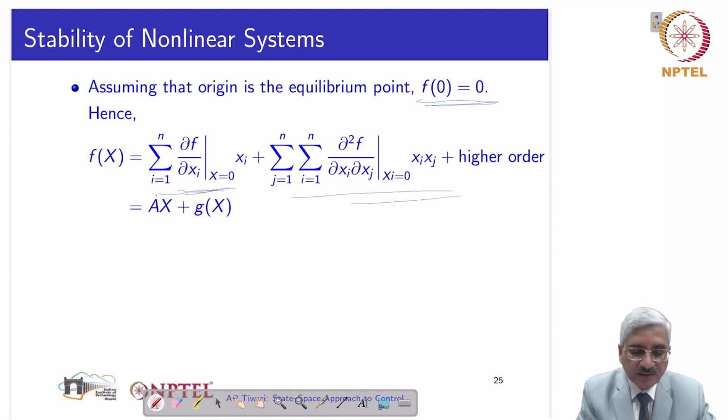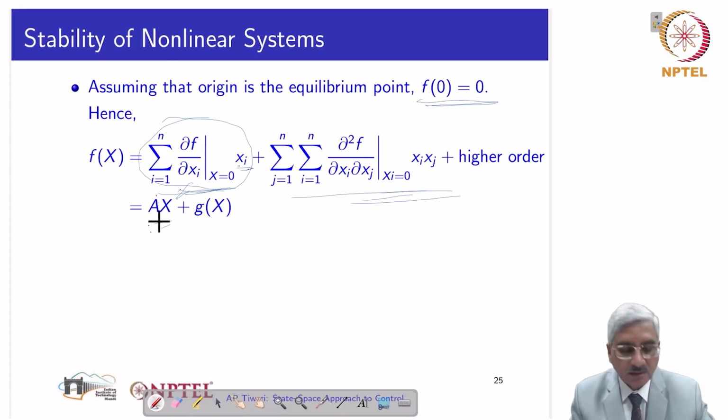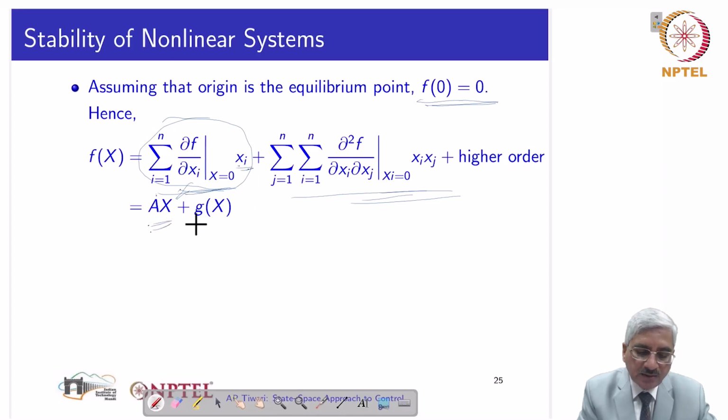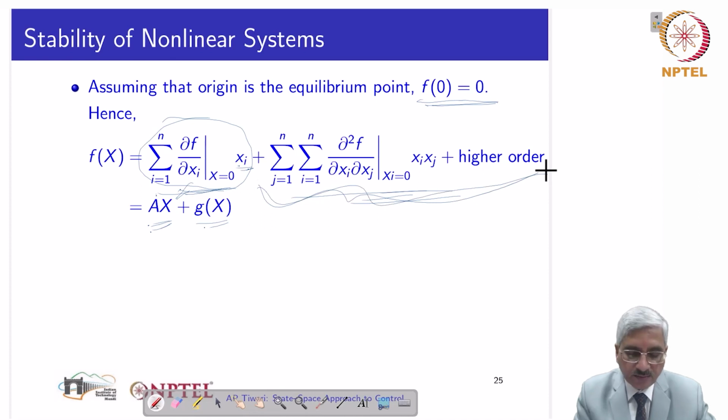We have first order partials evaluated at x equal to 0 and summed up together. We have second order partials, higher order partials, etc. What we do is represent this, because this multiplying x is the linear approximation to the nonlinear system. So f(x) becomes Ax, and this g(x) is collectively all the second order and higher order terms. They are brought into g(x).